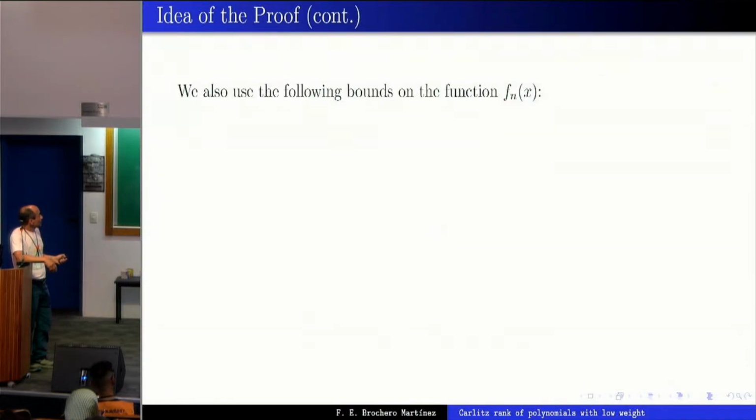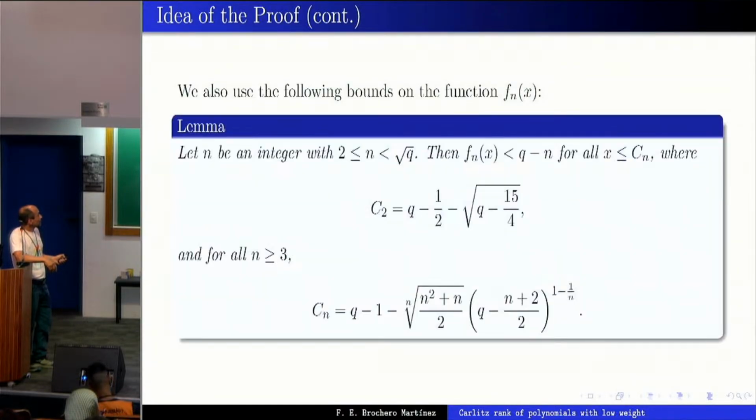This is the one lemma, and we had that the function f_n is less than q minus 1 for all k less than a constant c_n that we can calculate exactly in the case n=2.